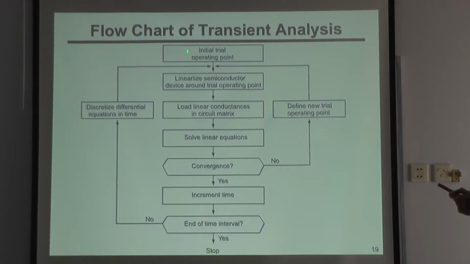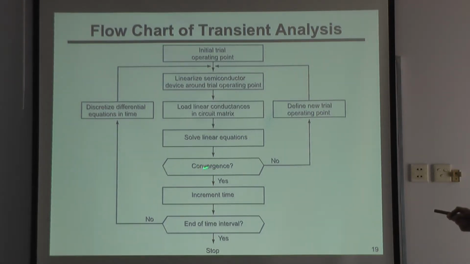So we set the initial trial operating point first, and then linearize the semiconductor device under the trial operating point. And this is the way to use Newton-Raphson. And load linear connectors in the circuit matrix and solve the linear equations and judge if it is converged.